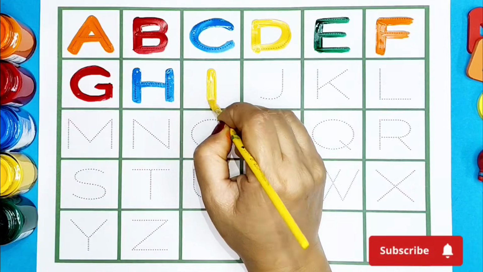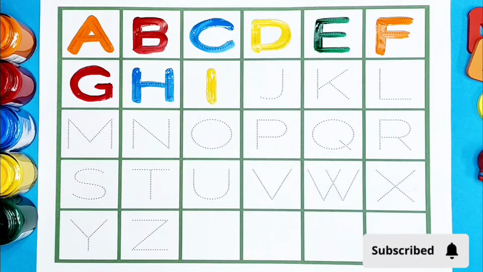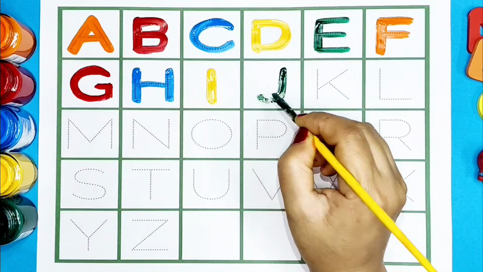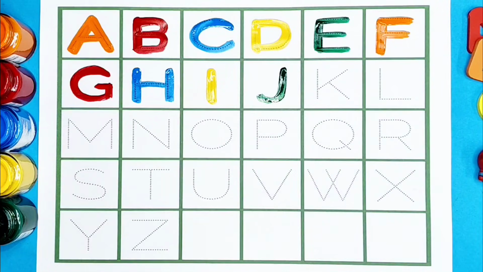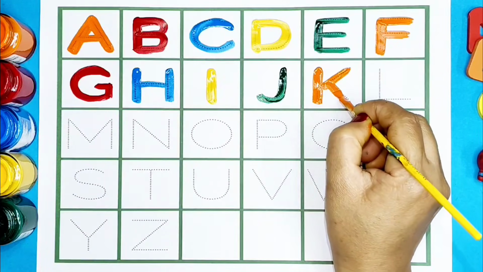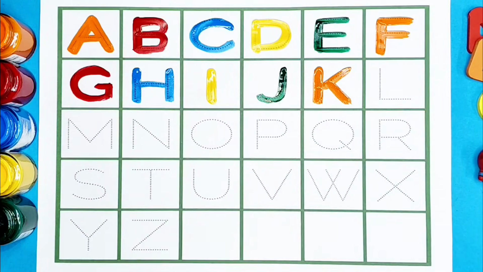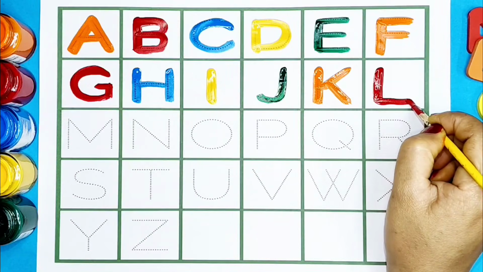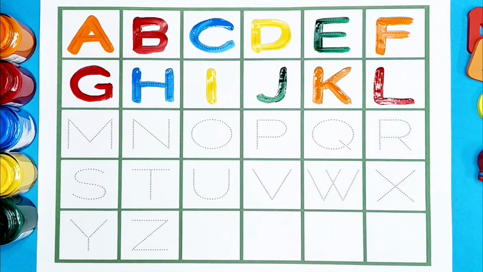Yellow color. I for island. Dark green color. J for jelly. Orange color. K for kangaroo. Red color. L for lotus.